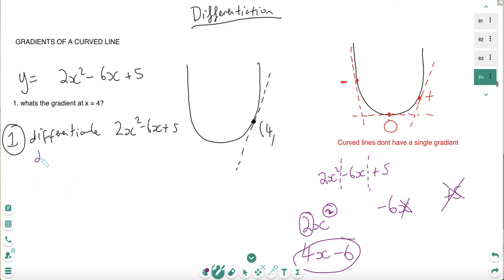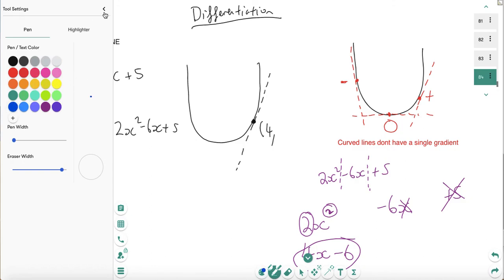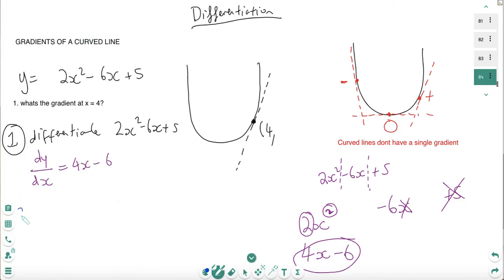We can say dy over dx, this is the formal notation for differentiation, is equal to 4x minus 6. Now, this equation is a formula for the gradient. So you can replace this phrase dy over dx with the word gradient. The gradient is equal to 4x minus 6.